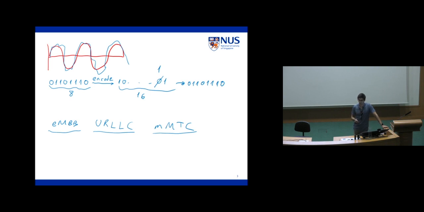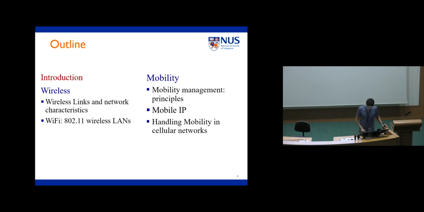Perhaps that's true for you, but again, if you think of all the applications they can support, the machine type communication and so on, they still have their own use cases. I think in the slides I uploaded, there's more detail on that, but I won't be going through it here. So this is just some story on why we need wireless and mobility.